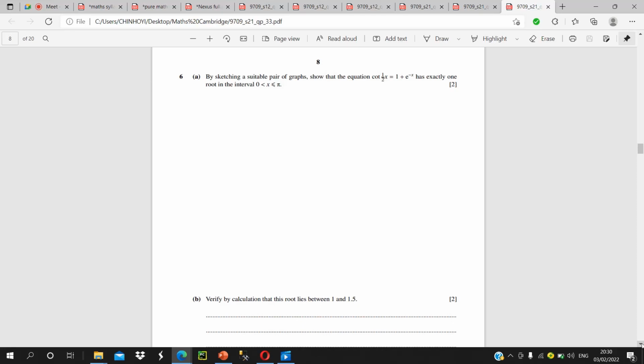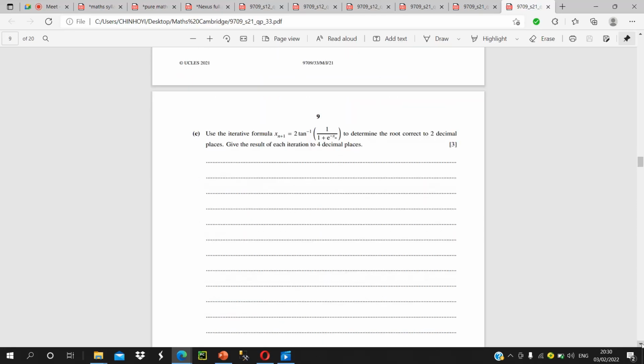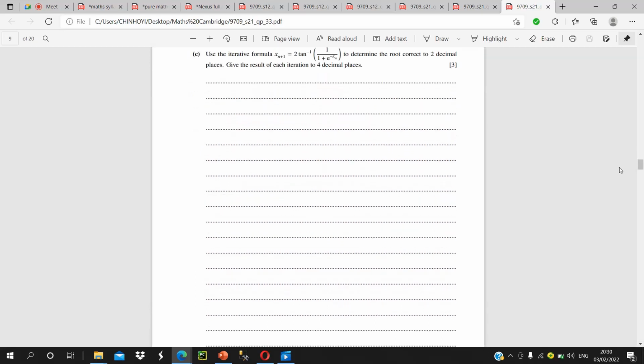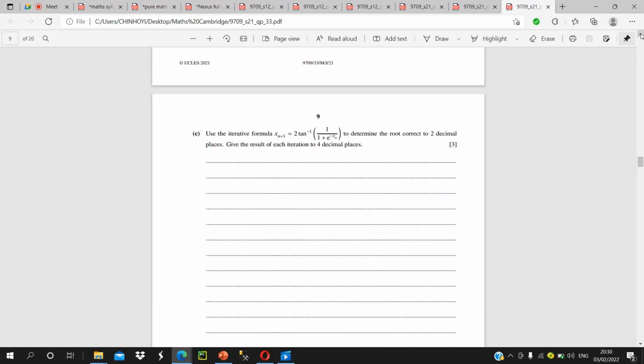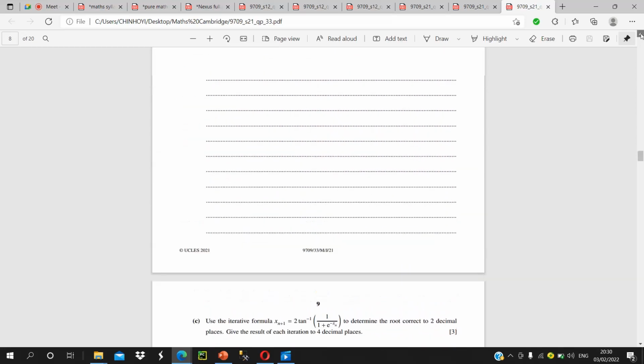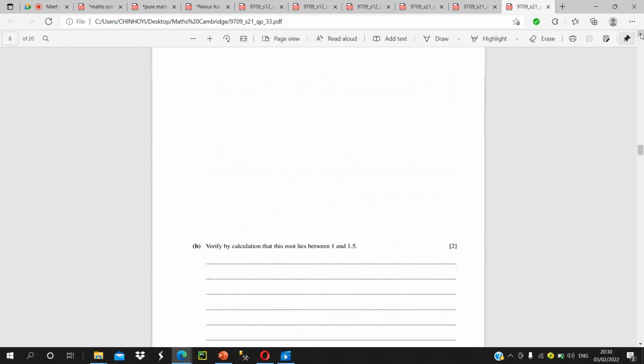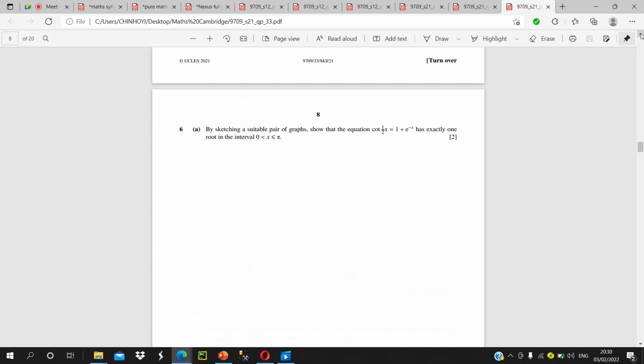As you can see, this question is from a recent paper, May/June, number 6. By sketching a suitable pair of graphs, show that the equation has exactly one real root in this interval.